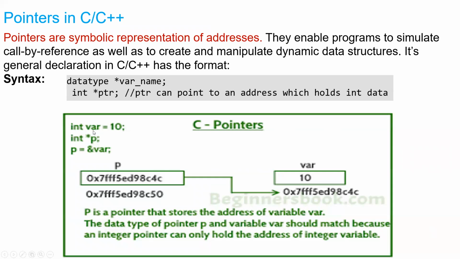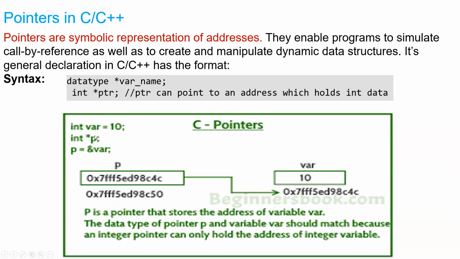Okay, now look at an example here. int var is a simple declaration where I'm declaring a variable var as integer type and giving the value 10. If I write cout var here, what value will come? 10. But if I say int pointer p, what can I store in this pointer p?